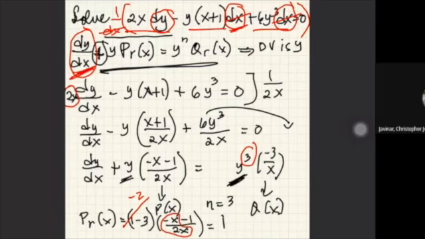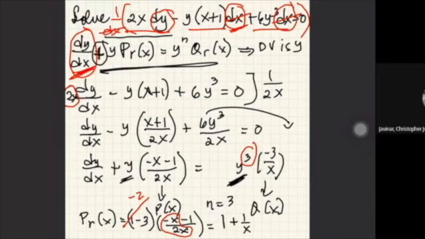Correct? Because this becomes positive 2x over 2x. So we have positive 1. And then negative 2 times negative 1. So you have positive 1 over x. Correct, class?